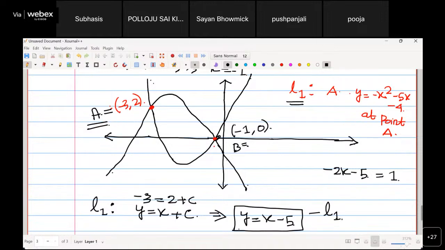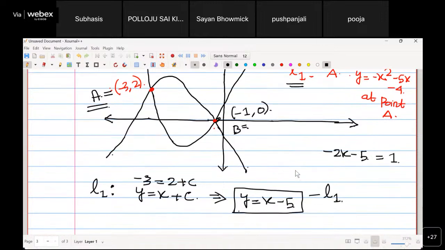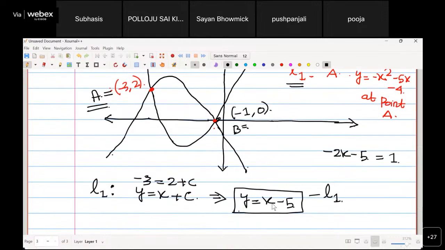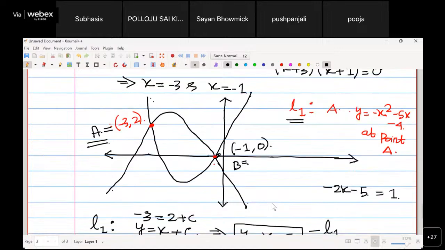Yes, sir. We could use the slope-point form as well, right? You can use anything you want. But sir, you are putting the wrong value: Y is 2 and X is minus 3.